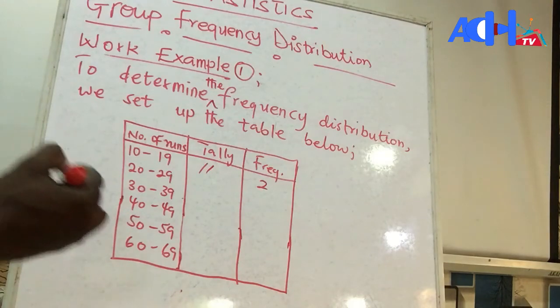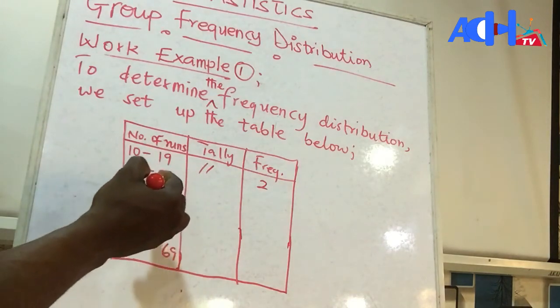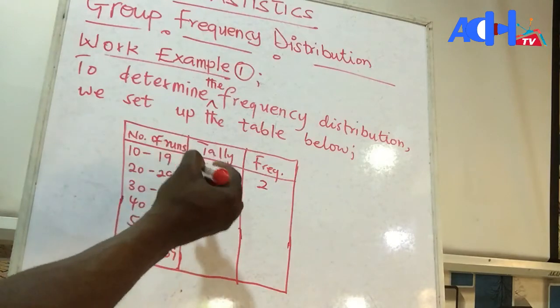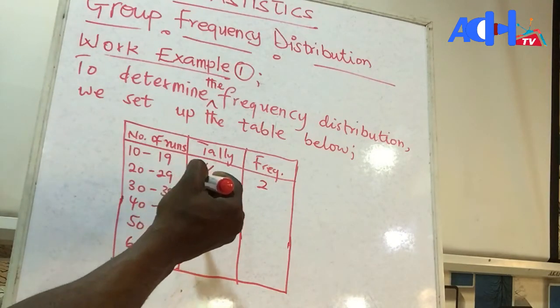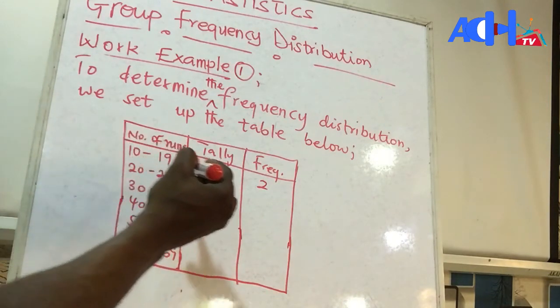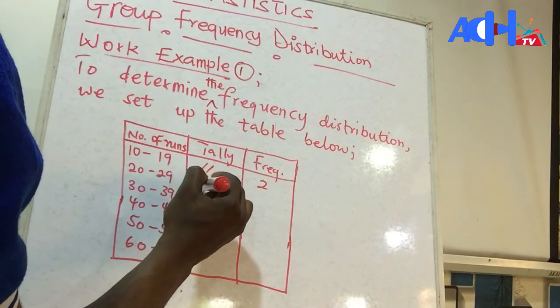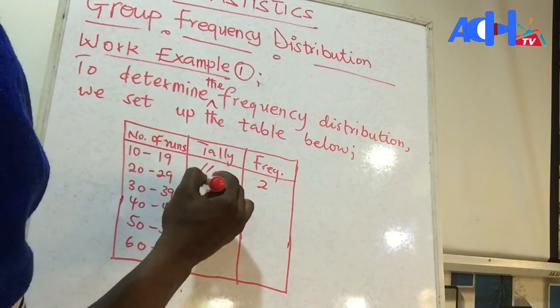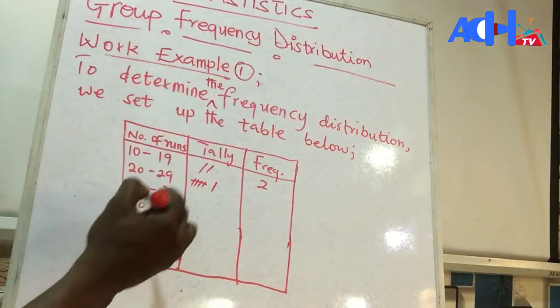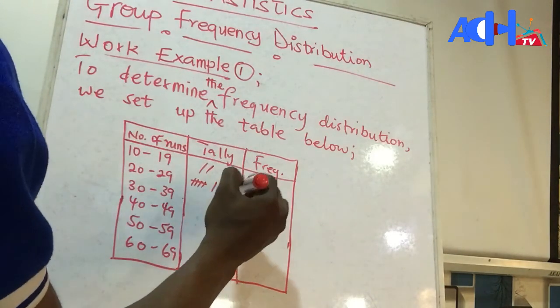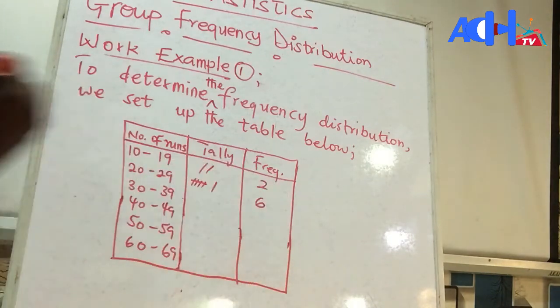Then from 20 to 29, by counting 1, 2, 3, 4, 5, 6, you cross the fifth one and write 6 there.